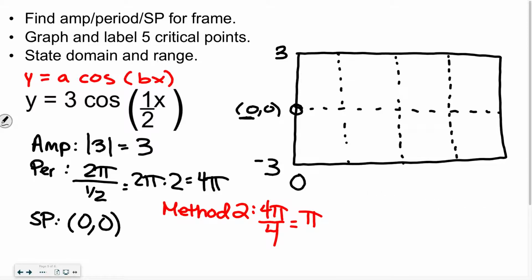If I'm starting at 0, I just have to add this spacing. 0 plus pi is pi. Pi plus pi is 2 pi. 3 pi, 4 pi. Also very easy. Okay. And I get the same thing. Notice that my horizontal distance from the end to the beginning, 4 pi minus 0, is still 4 pi, which is equal to the period. Okay, anybody got any questions about building my frame there?